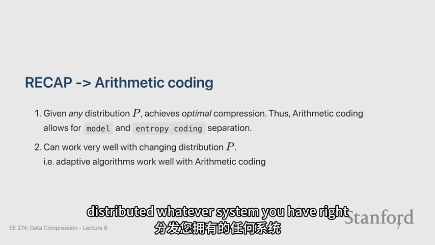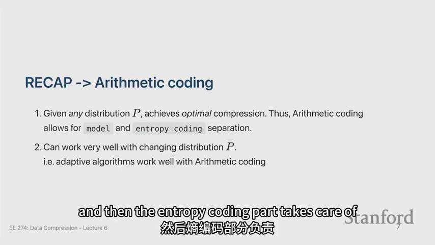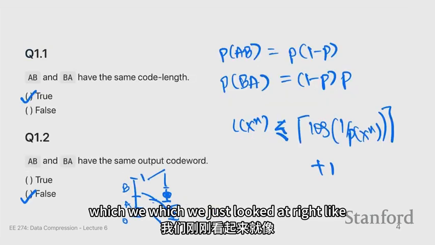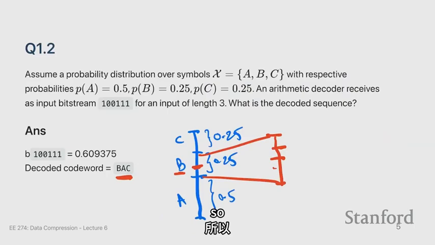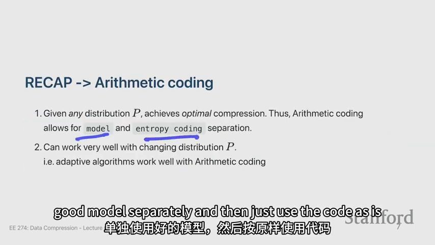You can come up with the best model for whatever system you have, and come up with the probabilities for those blocks. Then the entropy coding part takes care of ensuring that the lengths have the bound we just looked at in class. So it allows you to come up with a good model separately and then just use the coder as is.